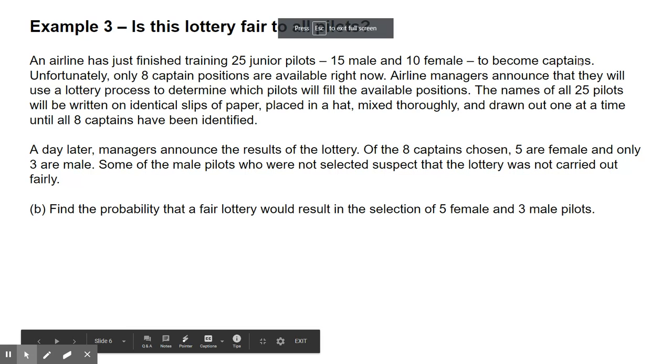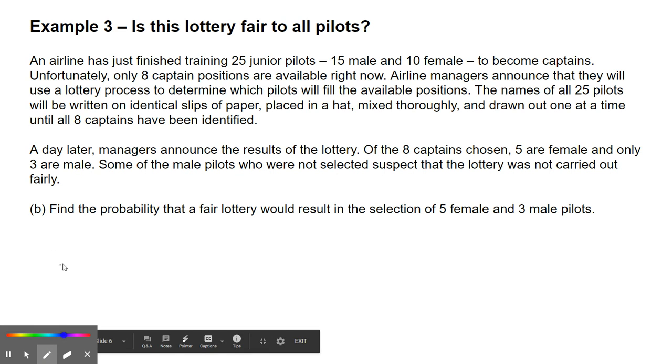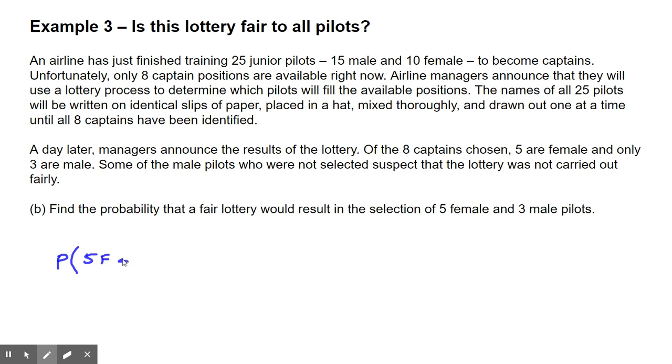So now it says find the probability that a fair lottery will result in the selection of 5 female and 3 male pilots. To find this probability, we're going to use our answer from part A, because that's the number of ways.